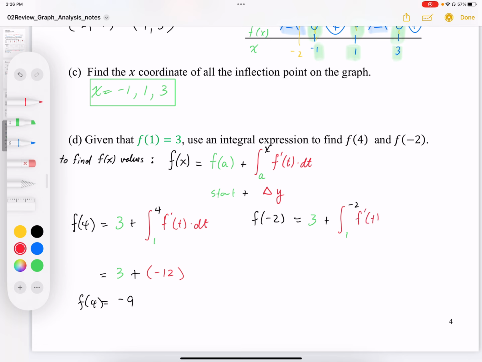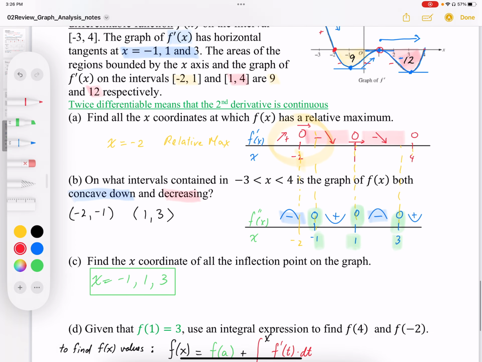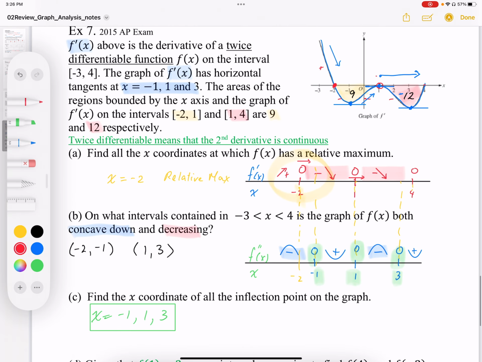So that's under that f prime graph. Now, since we are going in the opposite direction, starting at 1 and integrating this way, the area under the curve is going to be the opposite sign. So although it's under the curve, the displacement going right to left is going to be positive. Left to right, it would be negative, but right to left is going to be positive.